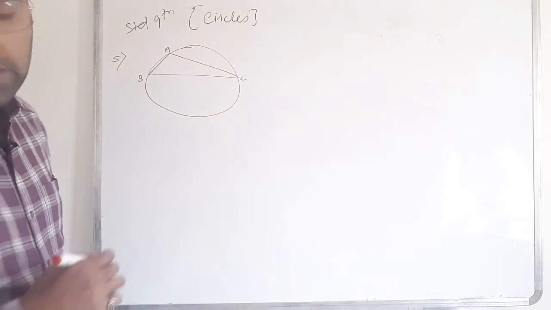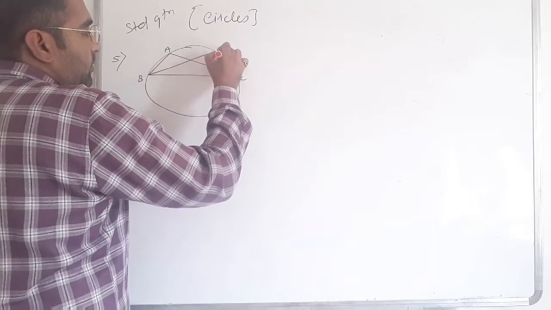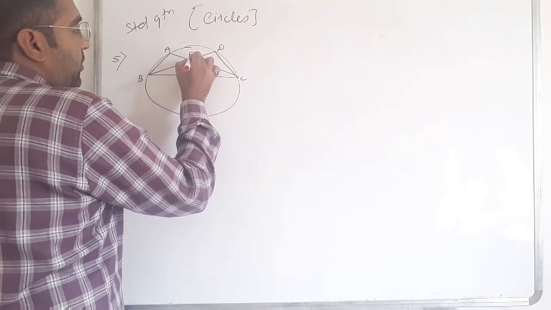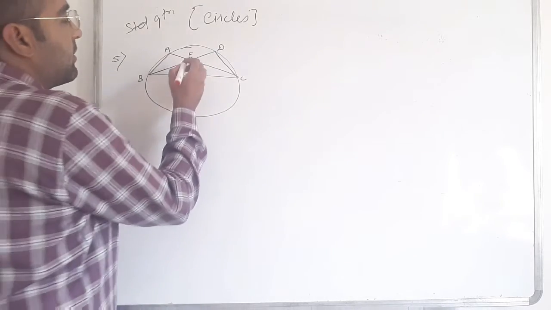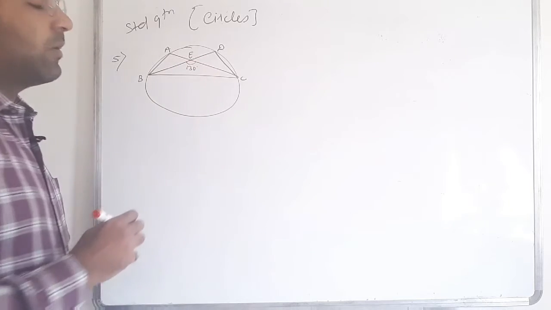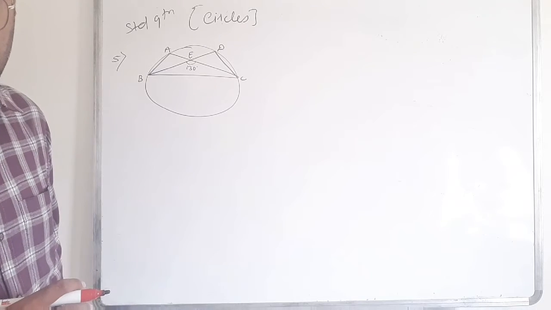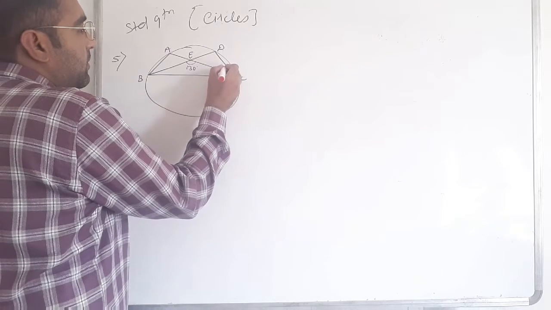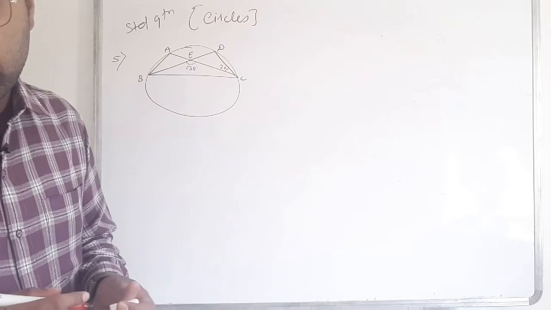BAC and BDC. And here the point is E. Here the angle at E is 130 degrees. And 20 degrees here is given. Clear that?